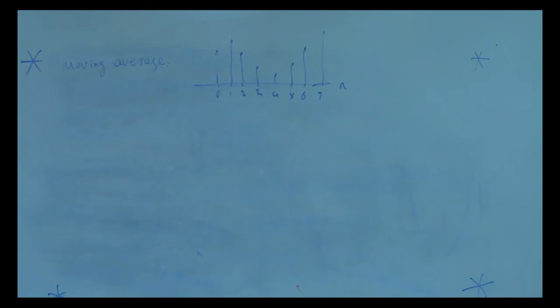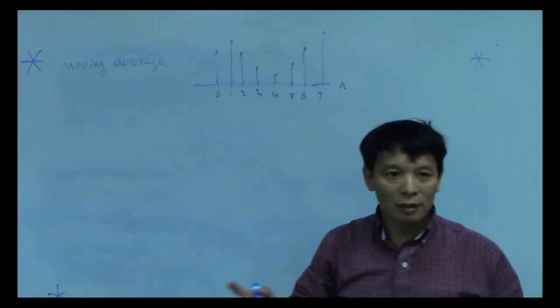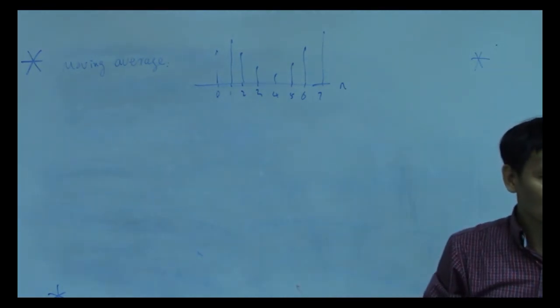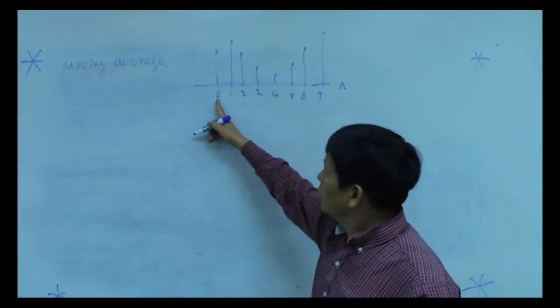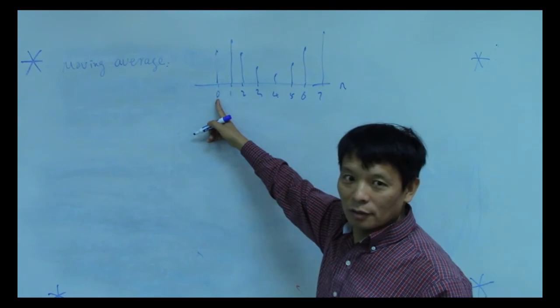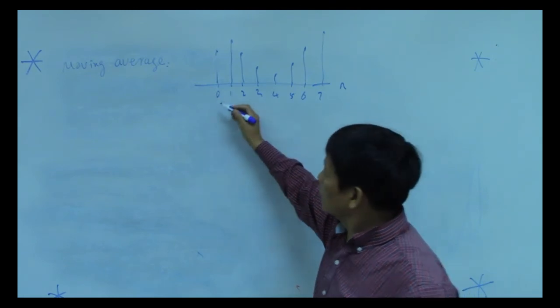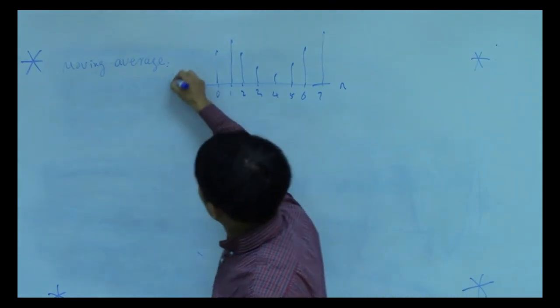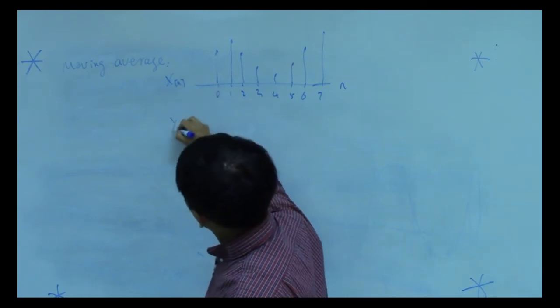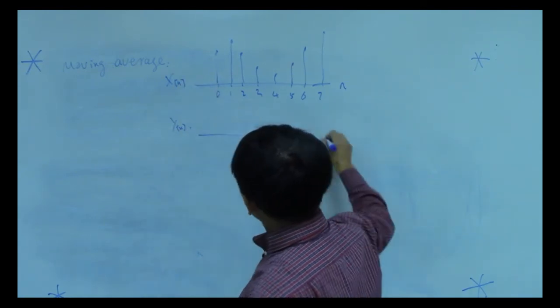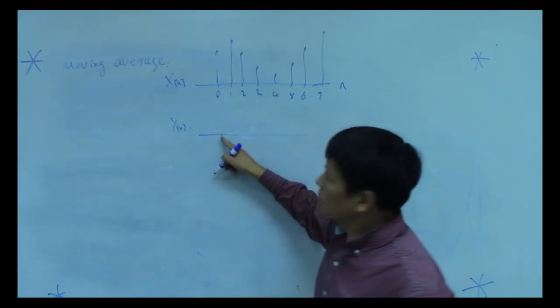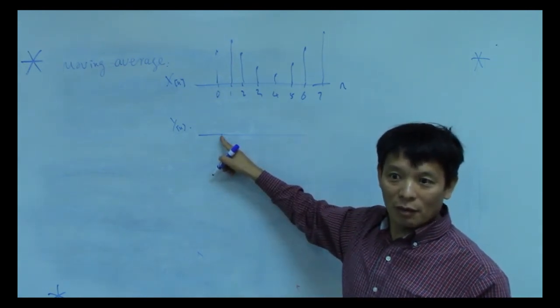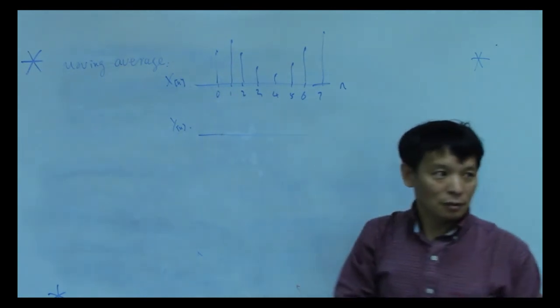I want to take the average of some data. For example, I want to average between 3 samples. This is x[n]. So the output, for this one here, will be the average of this, this, and this.